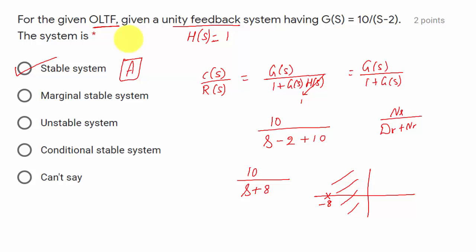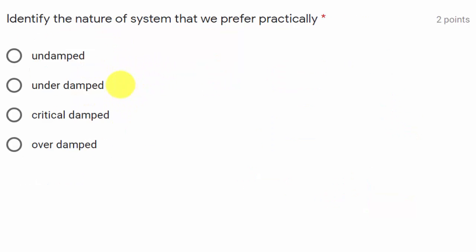So unstable systems can be converted to a stable system with the help of a feedback network, and this is not true in all cases. If you want to make the system stable, you have to design it properly. So the suitable option is option A.